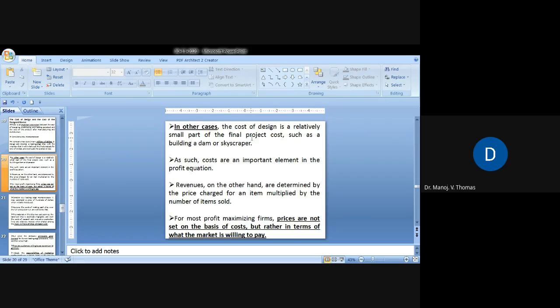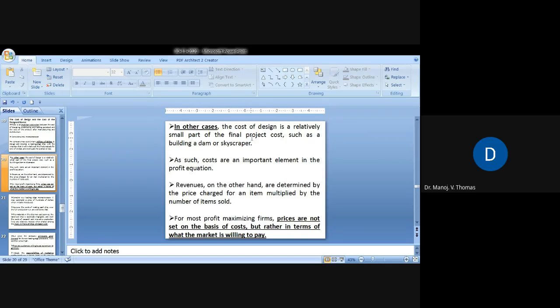So here we need to pay the charge for the architect, and when you compare that with the final building cost, it is very little. So the cost of design and the cost of the designed product will vary depending upon the product.